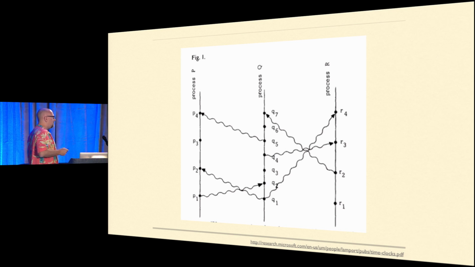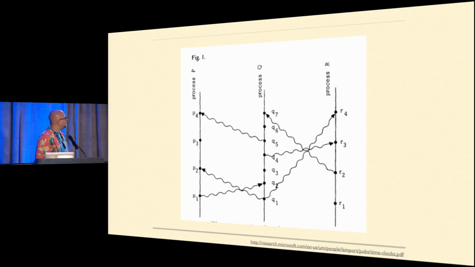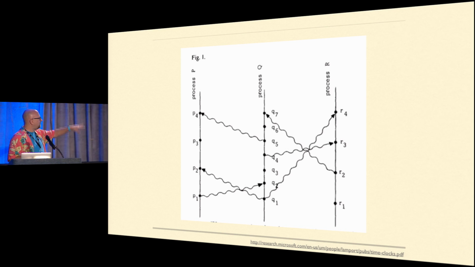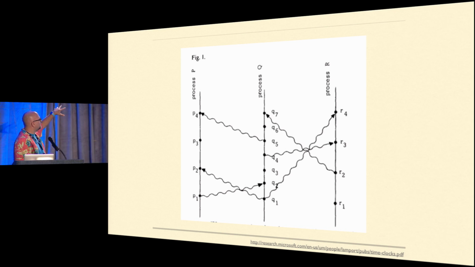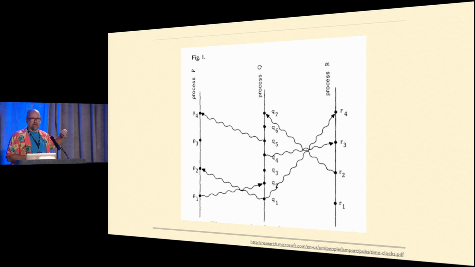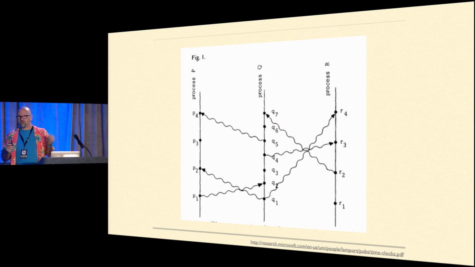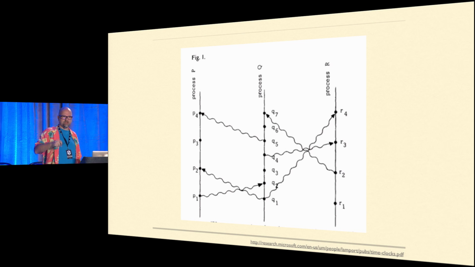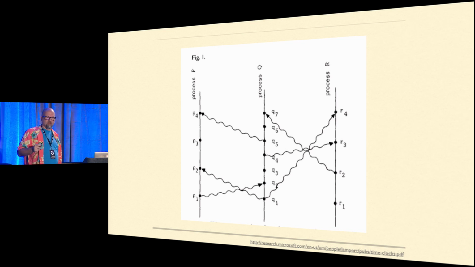And he had a key realization. In this case, we have three discrete processes. Those processes are characterized by internal events. Those internal events are all running on the same hardware, so within each process, you can trivially order the sequence of events. On one computer, we know what happened first. That's easy enough. Between processes, the communication is messages.